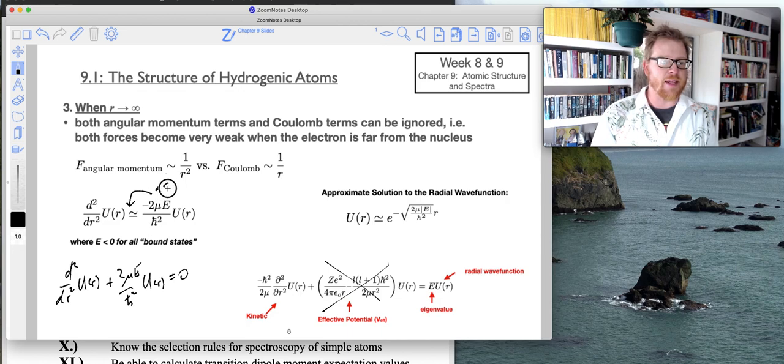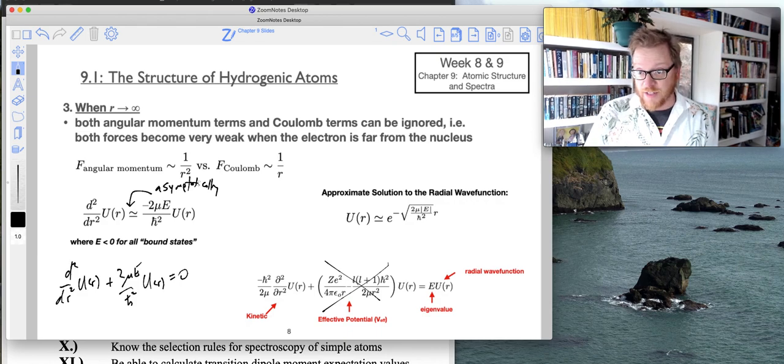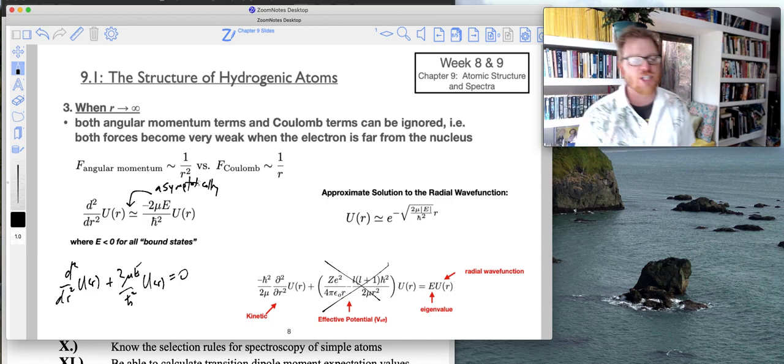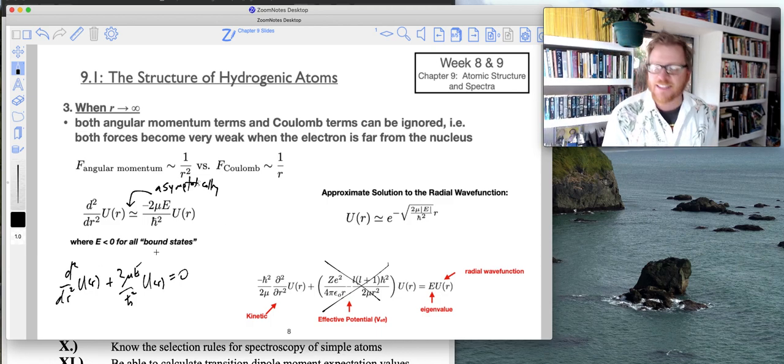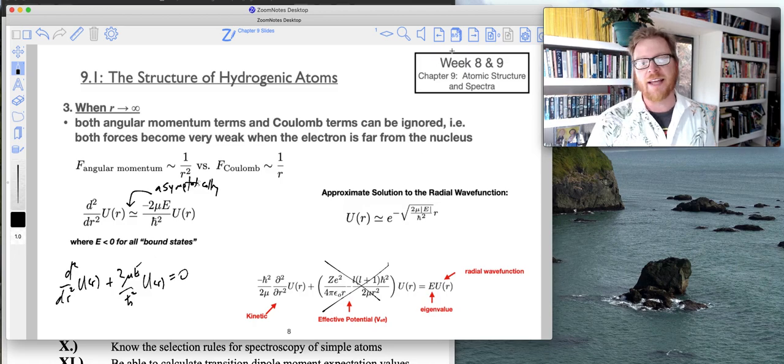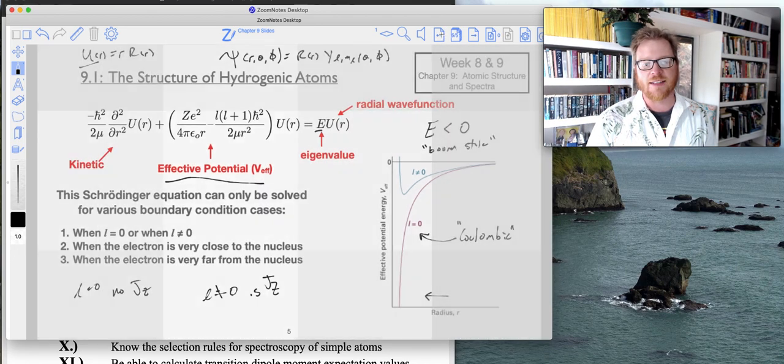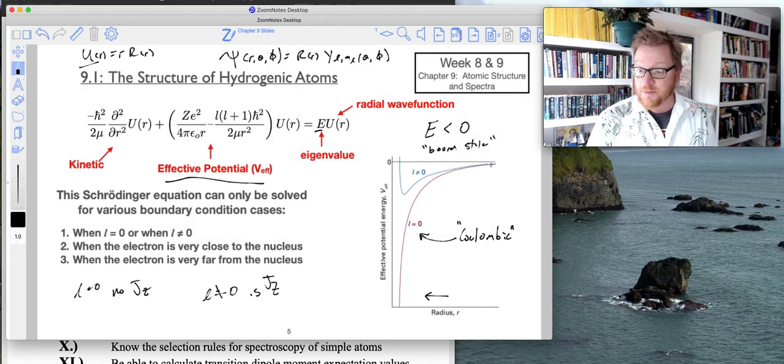This sign means asymptotically equal to. So there is an asymptote that this thing is approaching. And that asymptote is actually given by our boundary condition that E must be less than 0 for all bound states. And I've already showed you what that asymptote looks like. Here it is, right?